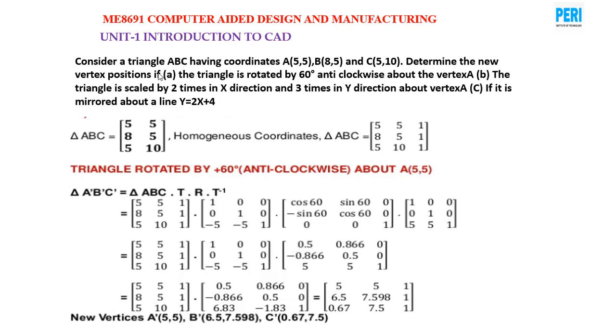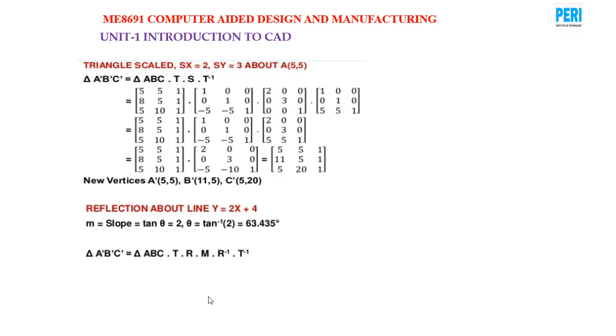Then B, the triangle is scaled 2 times in the x direction, 3 times in the y direction about vertex A. In this case, triangle ABC, then this one is the translation. This is the scaling factors, and the inverse of the translation matrix. So in this case, 5, 5, 1, 8, 5, 1, 5, 10, 1, the same triangle coordinate points as the previous case.